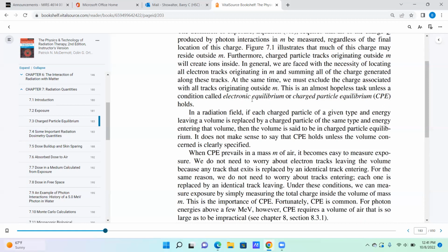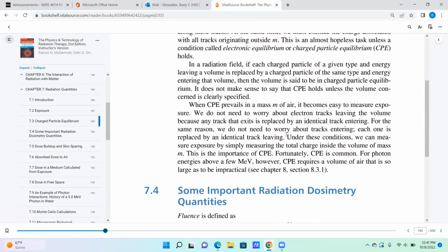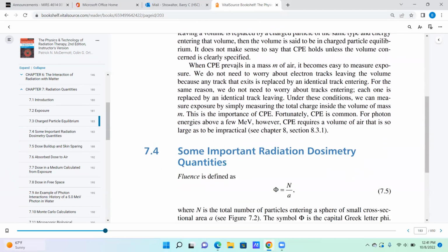That is very difficult to do. So we've got a condition called charged particle equilibrium, or CPE. In a radiation field, if each charged particle of a given type and energy leaving a volume is replaced by a charged particle of the same type and energy entering, the same going out as coming in, then the volume is said to be in charged particle equilibrium. It doesn't make sense to say that CPE holds unless the volume concerned is clearly specified. When this prevails, it becomes easy to measure exposure.